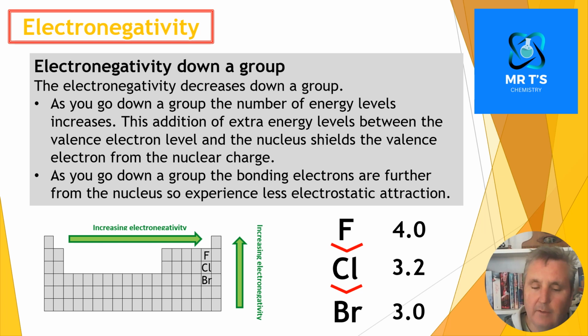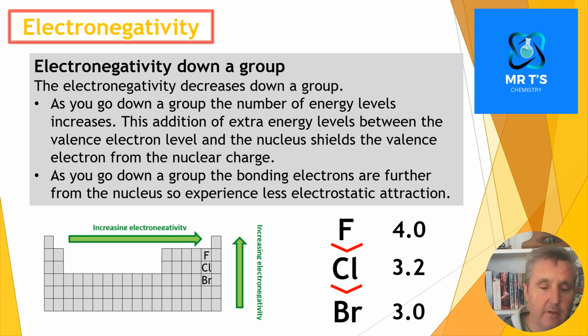When we go down to chlorine, we have 3 energy levels, so the chlorine nucleus is trying to attract the bonding electrons that are in the 3rd level. The valence level is the 3rd level, so it's got 2 levels of shielding between the nucleus and the valence level, so it's got more shielding. And because we have a 3rd level, it's further away from the nucleus, so that also decreases the electrostatic attraction. So electrostatic attraction decreases as we go down for 2 general reasons.